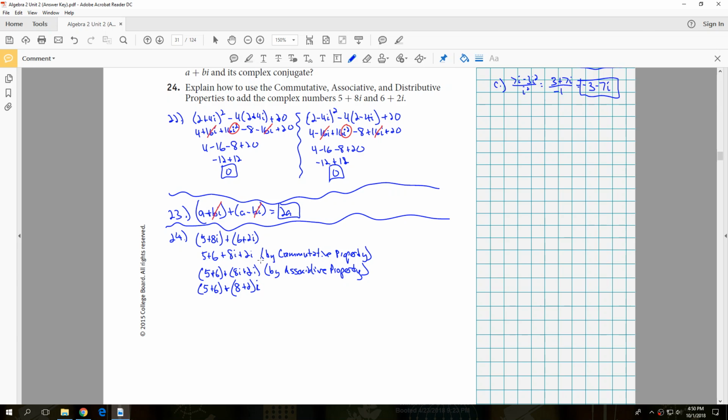This is by the distributive property. And then finally we can go ahead and add these up. So this would be 11 plus 12i.